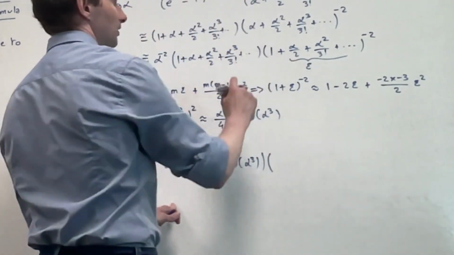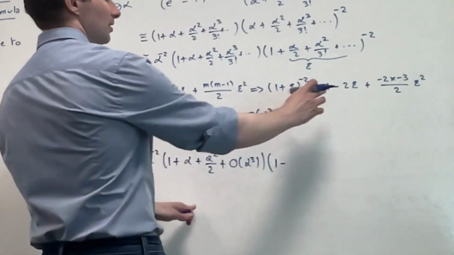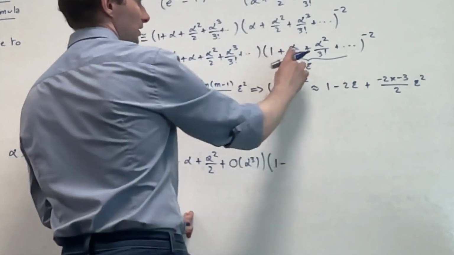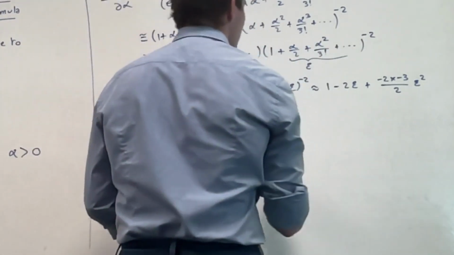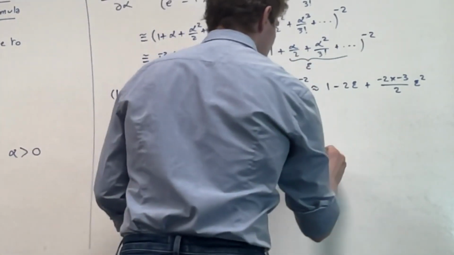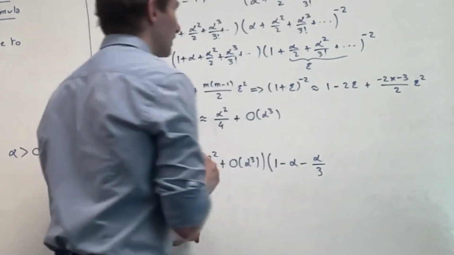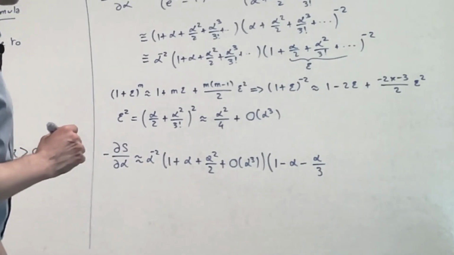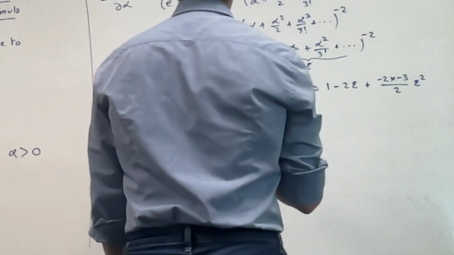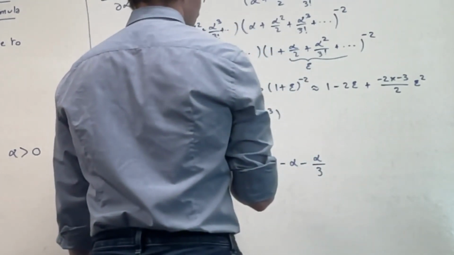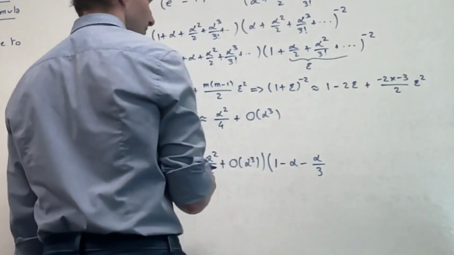And then here I need to be careful, so that's 1 minus 2 epsilon. So basically I just keep the epsilon, but I multiply by minus 2. So that's minus alpha over 3, so minus alpha over 3.